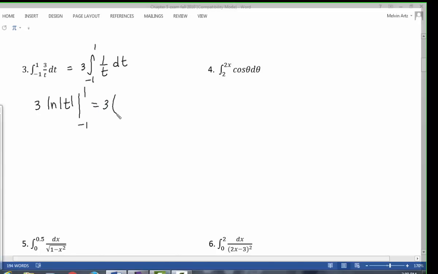So we would have 3 times ln of the absolute value of 1 minus the ln of the absolute value of negative 1. And the ln of 1 is 0. So the ln of the absolute value of negative 1 is 0. So we would have 3 times 0.